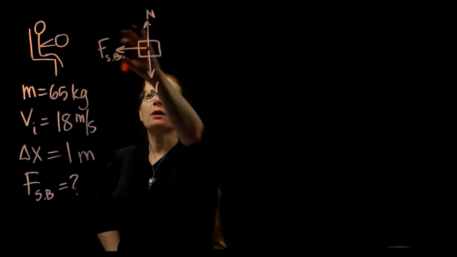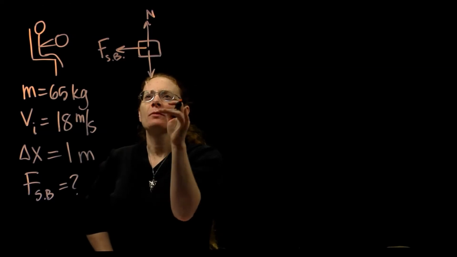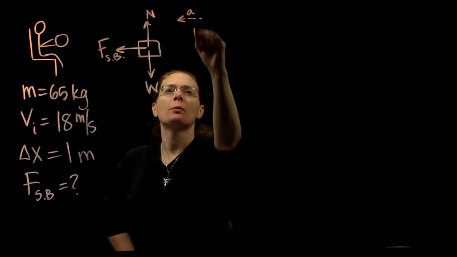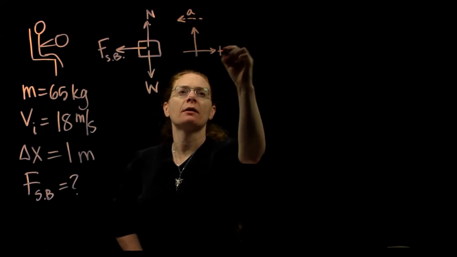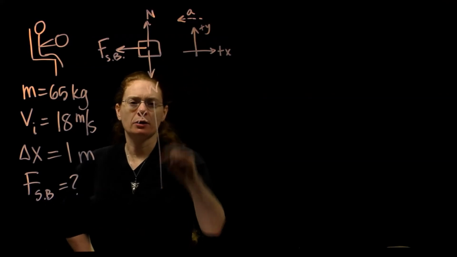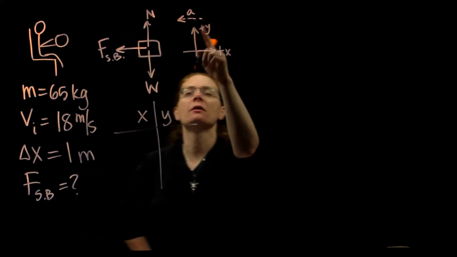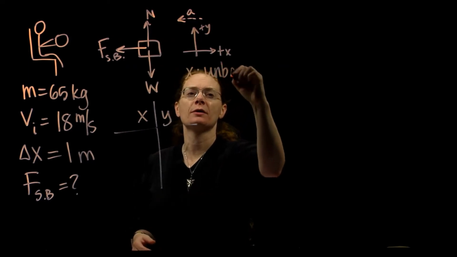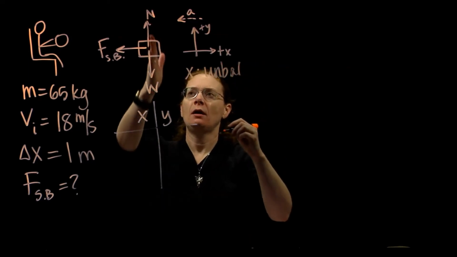All right, so we've got our force diagram. I'm going to say the acceleration is this way. We want to pick a coordinate system that matches our acceleration. An XY chart. Let's figure out balanced and unbalanced. In the X direction, unbalanced, clearly, there's only one force. In the Y direction, I have two forces.